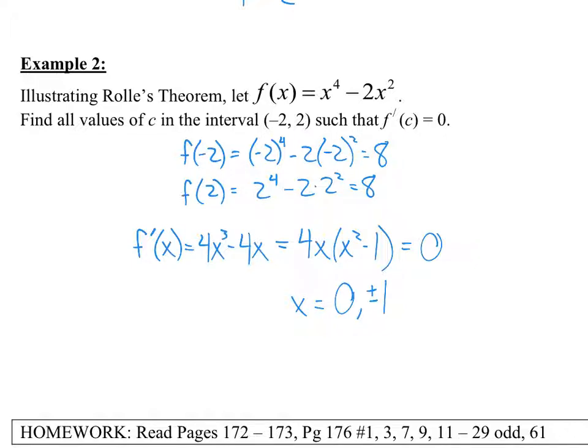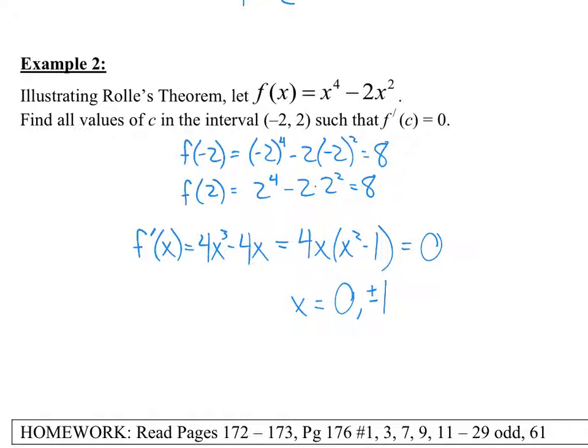So 0 and plus or minus 1. Notice all three of those values are in the interval. So in this case, there happen to be 3 of them. Rolle's theorem told us there would be at least one of them.